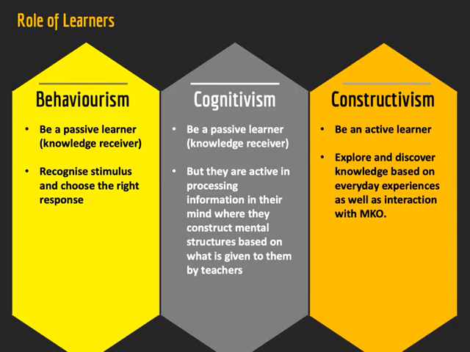On the other hand, students from the constructivism point of view are active learners, where they explore and discover knowledge based on everyday experiences, as well as through interaction with the more knowledgeable other, MKO, those who know more than them.